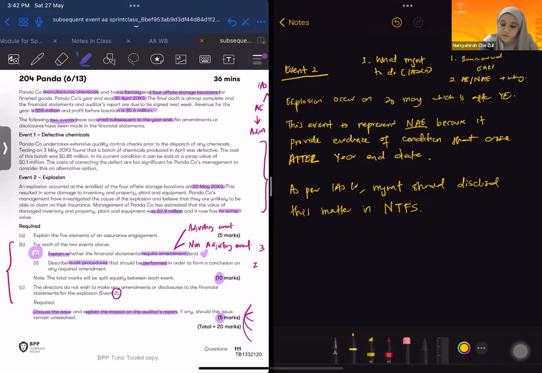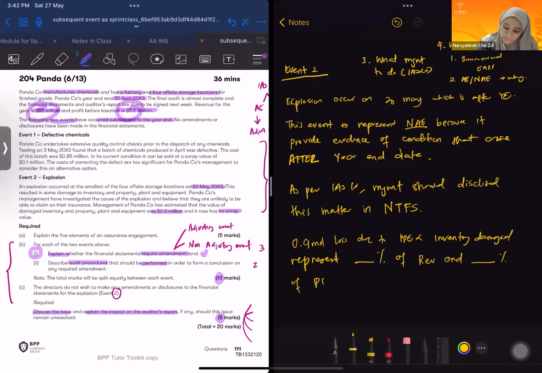Point number 4, sorry, I squeezed it in up here: materiality. The 0.9 million loss due to PPE and inventory damage represents how many percent of, given here, revenue and PBT?